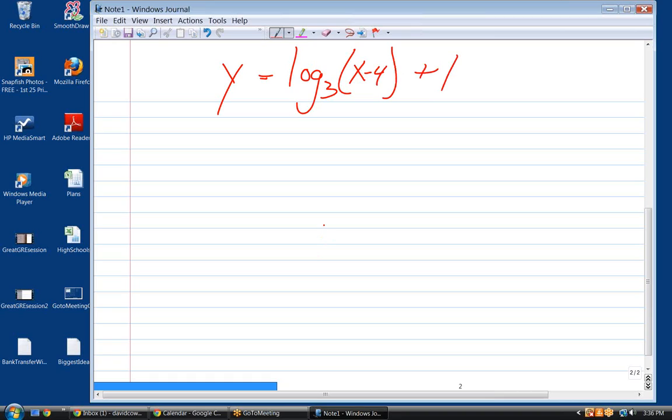Okay, to graph these, what they want you to do is figure out the horizontal and vertical shifts, stretches, and reflections. In other words, in order to figure out how to graph that, I need to know how to graph the elementary function. What's the elementary function? Log base 3 of x.